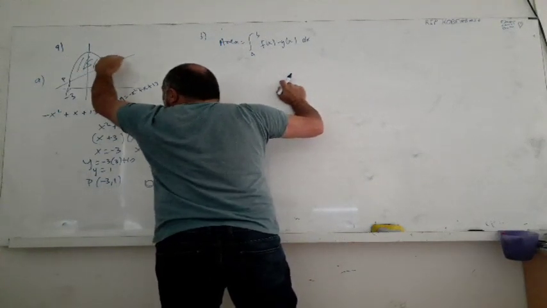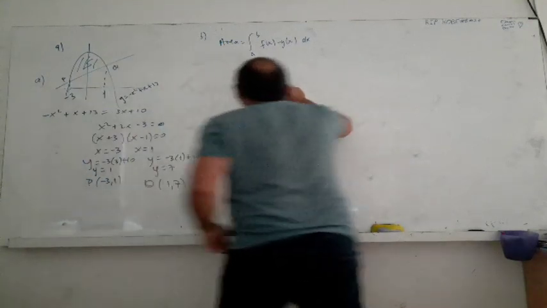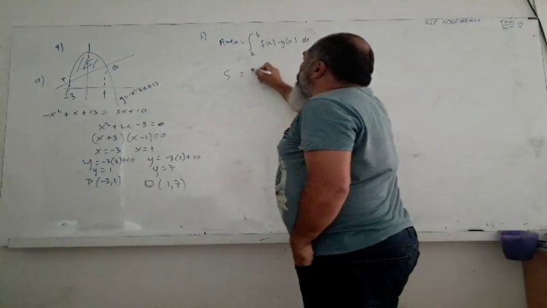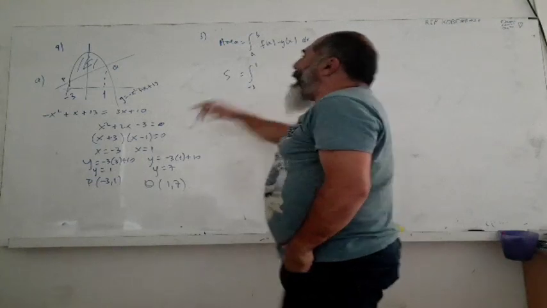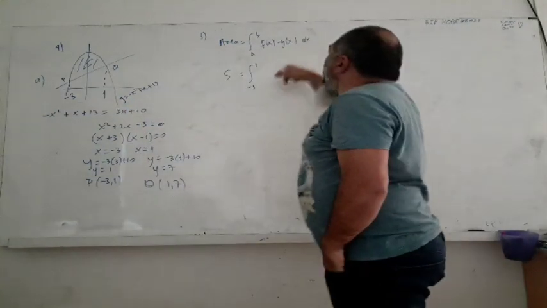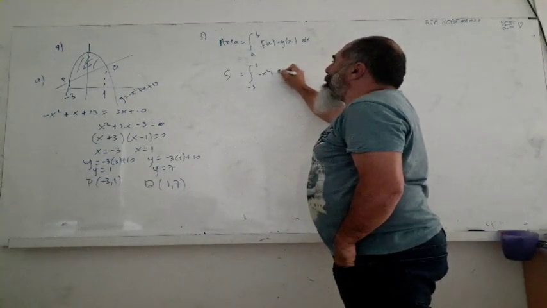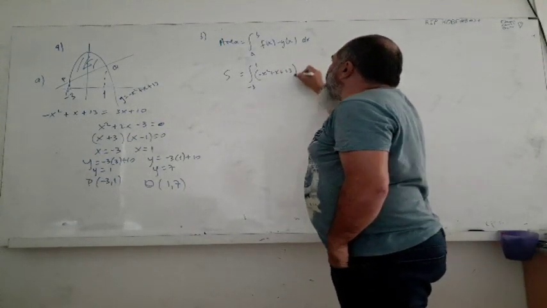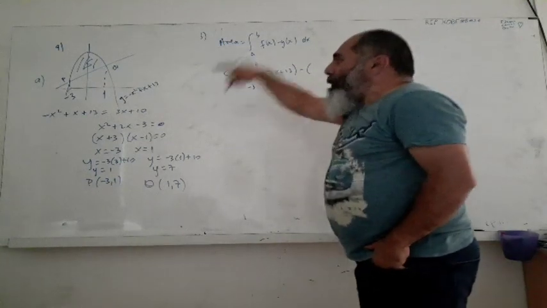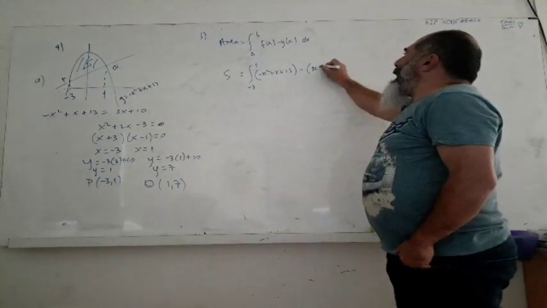So S is going to be the integral from minus 3 to 1 of the top equation, minus x squared plus x plus 13, minus the bottom equation, 3x plus 10, dx.